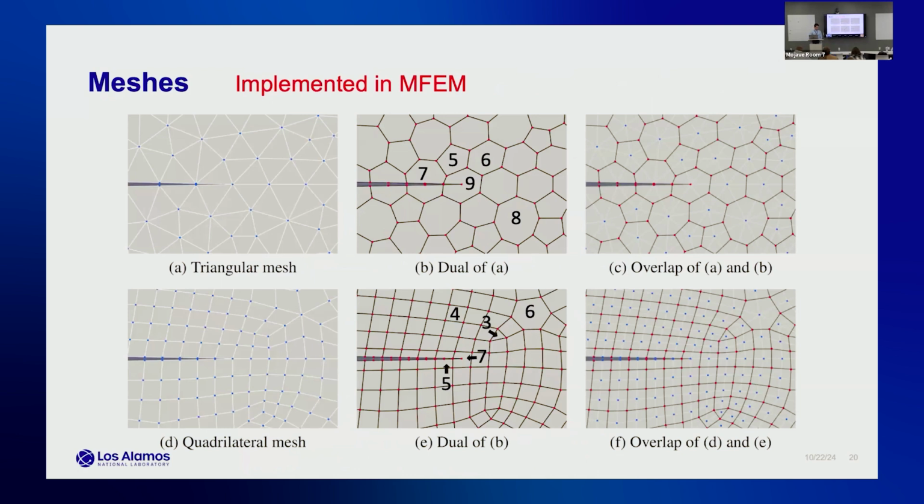So we implement the VEM into MFEM. Here I just introduced 4 meshes. The first column is the mesh I generate using, say, GFEM, a triangular mesh and also a quadrilateral mesh. You can use any software. Then we connect the barycenter of those meshes and generate the dual mesh, which is shown in the middle.